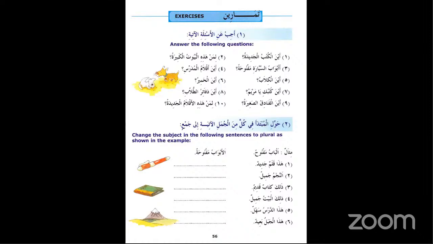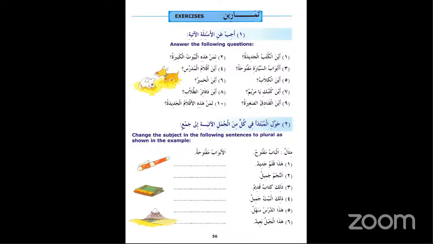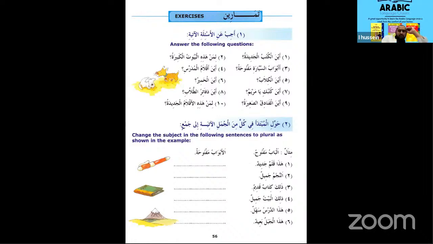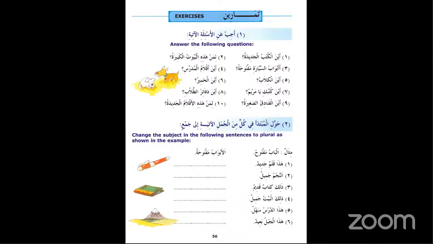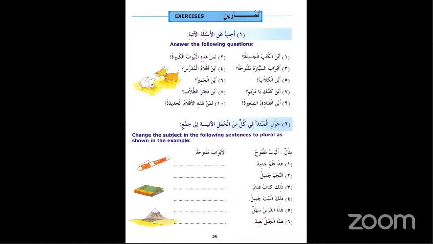Aina aqlamul mudarris? Where are the teacher's pens? Here alal maktabi. Correct. They are on the table. Number 5. Aina al-kilab. Where are the dogs?